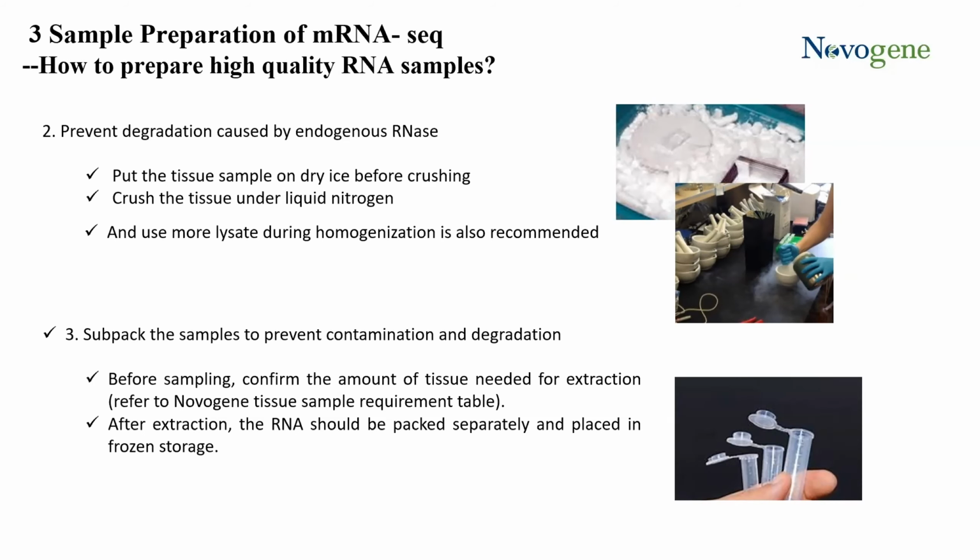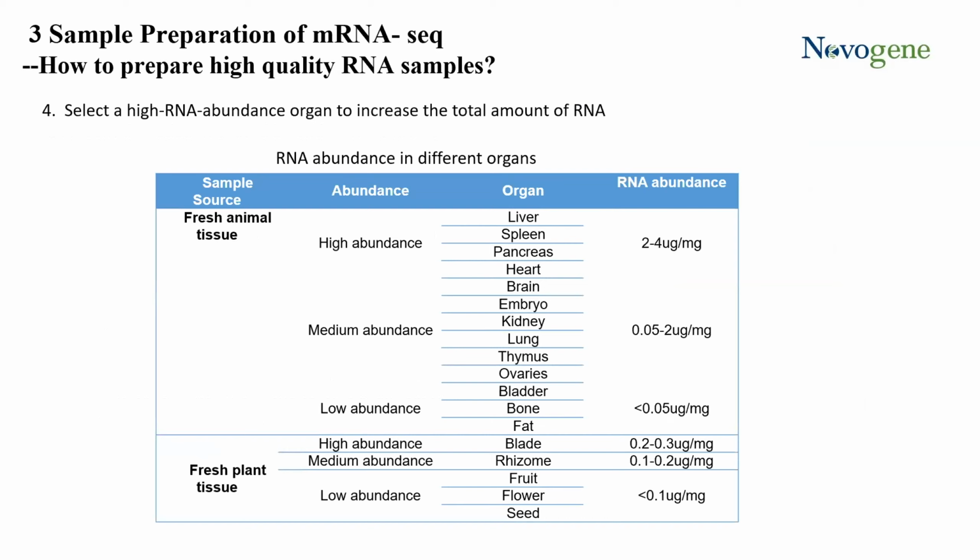Now, every cell or tissue has different RNA abundance. This gives you an idea of how much tissue you should start with. If you have a high abundance of RNA, you can start with a low amount, but if it's low abundance, you have to use more material to start with.